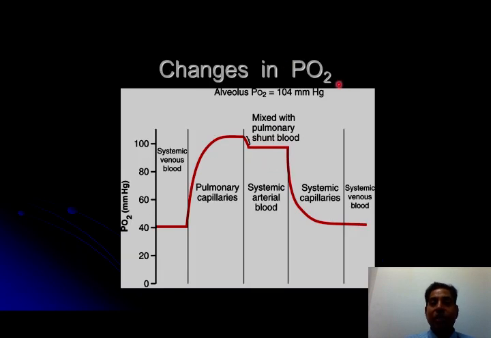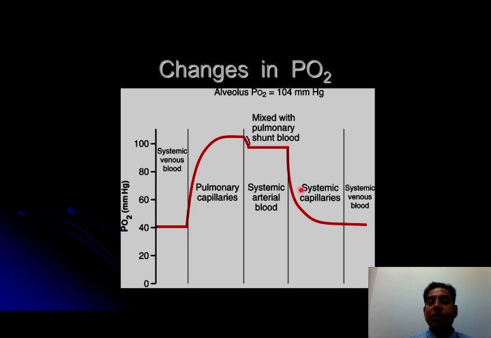If you look at the changes in the oxygen as it moves from the systemic venous blood, you'll find that at the tissue level it is around 40. By the time it moves into the pulmonary capillaries, it has picked up the oxygen, and now the partial pressure of oxygen is increased to 104. But by the time it reaches the left side of the heart, because it is mixed with the pulmonary shunt and there are a few veins which directly drain into the left atrium, there is a small fall in the partial pressure of oxygen in the arterial blood.